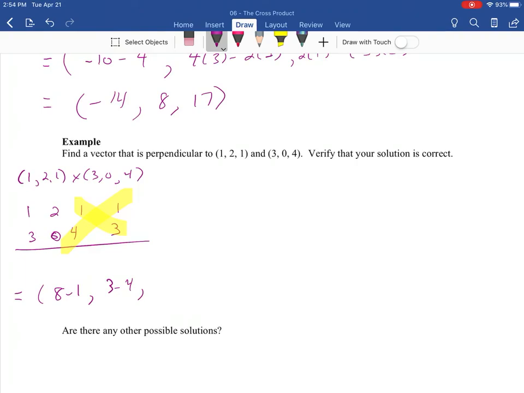To do the second component, there's the cross multiples, the next one in line, 3 minus 4. And for the third one, I go back to 1 and 2 again, 1 times 0 minus 3 times 2 is 6, and I get 7, negative 1, negative 6.